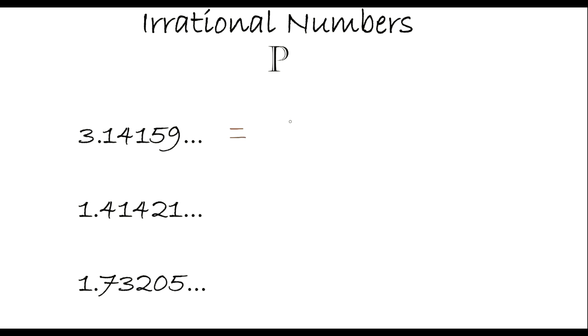This is the value of pi, and this is the value of square root of 2, and this is the value of square root of 3. There are other numbers like this. We can easily identify the numbers.